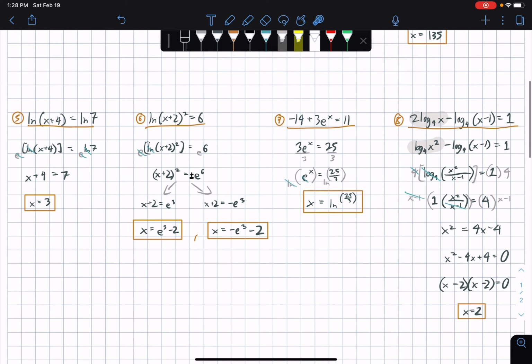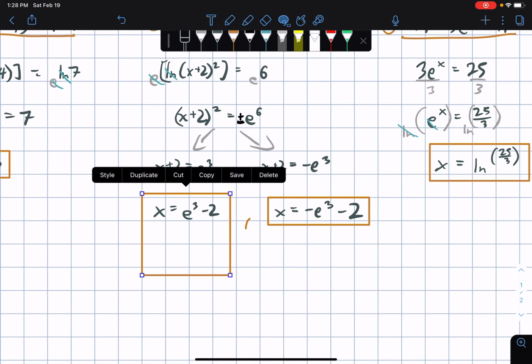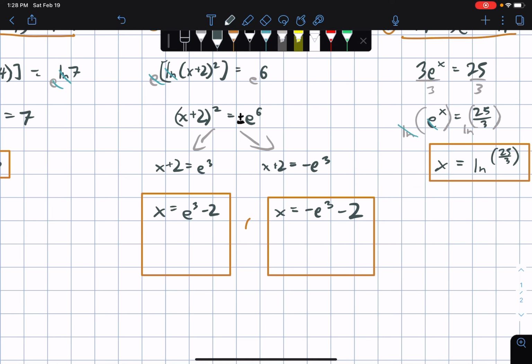Hang on. By the way, for number 6, we can actually make an approximation. Place these values in the scientific calculator and we will get an approximate decimal counterpart. So, shift e raised to 3 minus 2.